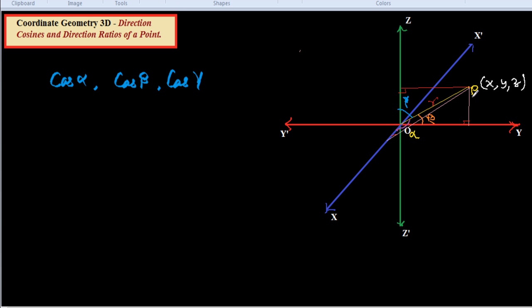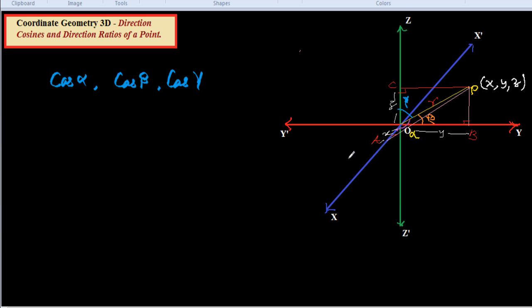So in this figure, this is our point A, this is our point B, and this is our point C. OA is x, because x, y, z is the coordinates of P. Because we are making the perpendicular from P on the x axis, which is PA, OA would be x, and OB is y, and OC is z.